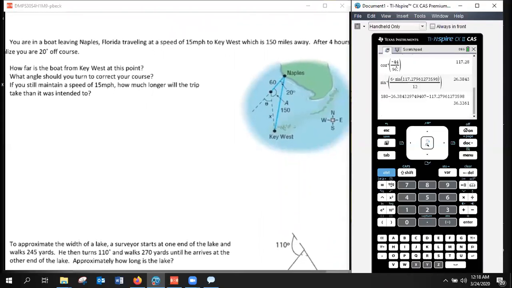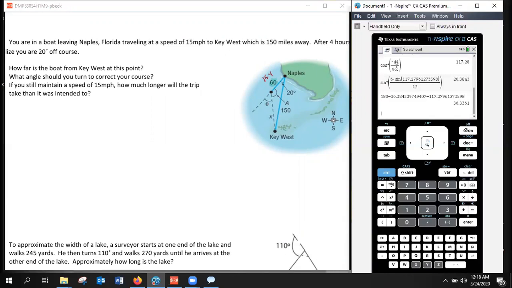So how far is the boat from Key West? Let me take a look and see what I have. I know that I've gone 60 miles, because 15 times 4, 15 miles per hour after 4 hours, means we're 60 miles along.